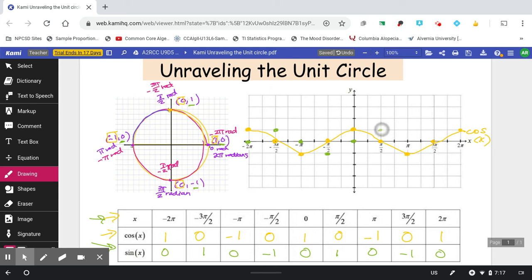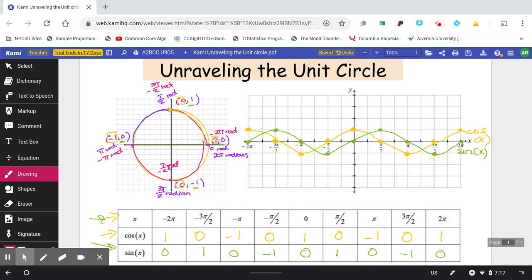And then I'm back to 1 again, and 0, negative 1, and 0. So my sine curve looks like that. And this is the sine of x. And we just unraveled the unit circle to get the graphs of the sine and the cosine.